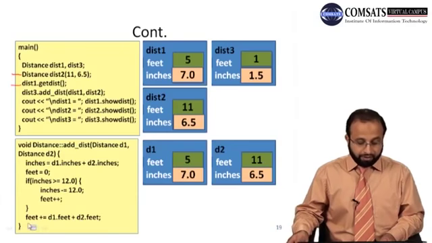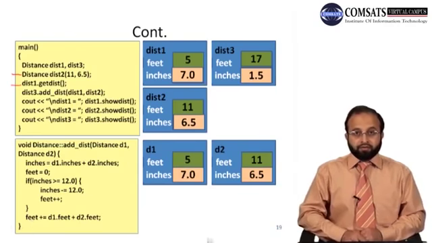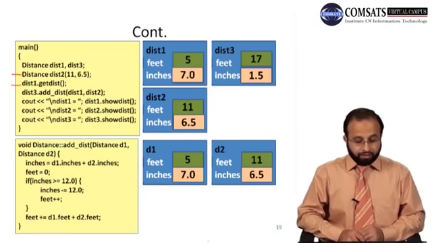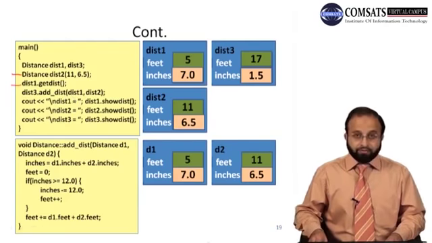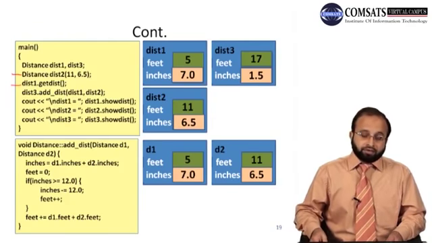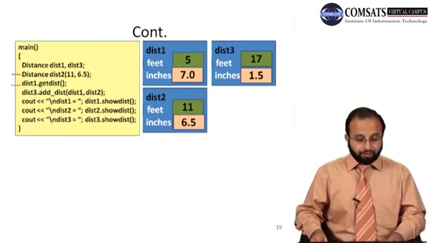Now the 17 will be written in feet. So here 17 is written. Now this is the execution of the addDest function. When the addDest function finishes its execution, the local objects of the addDest function, that is d1 and d2, are local to this function and will be destroyed, right?